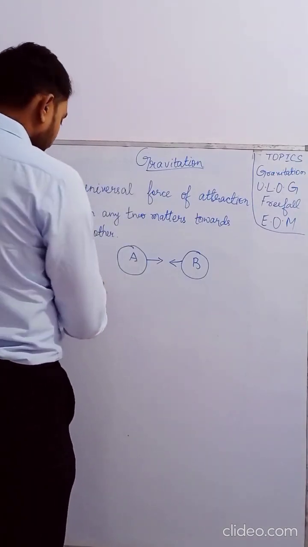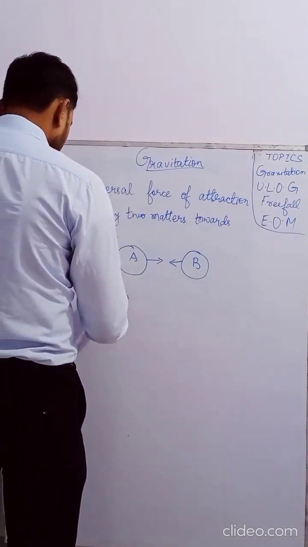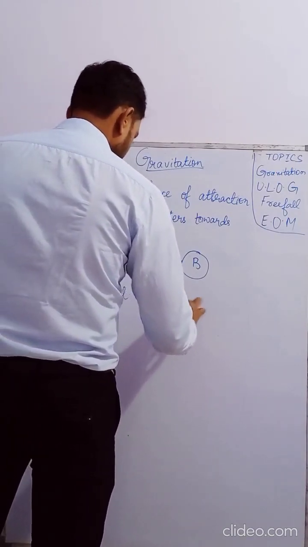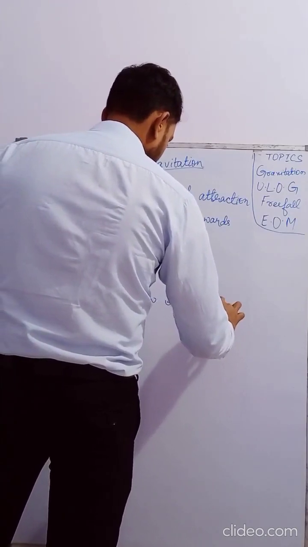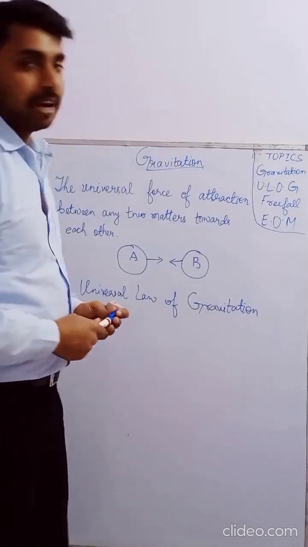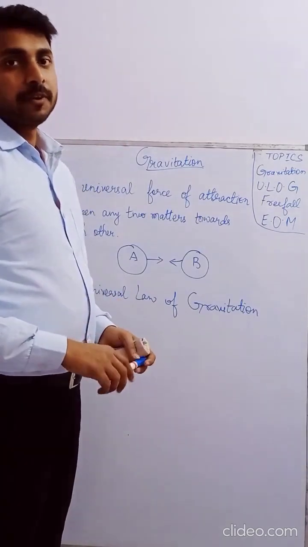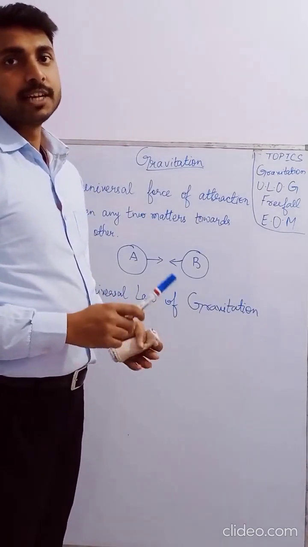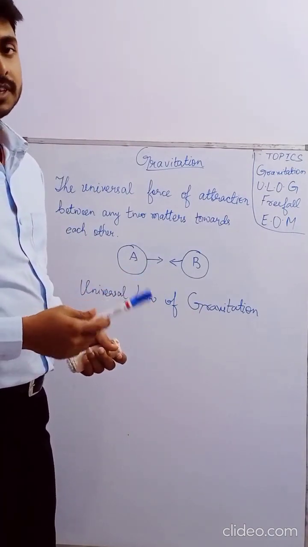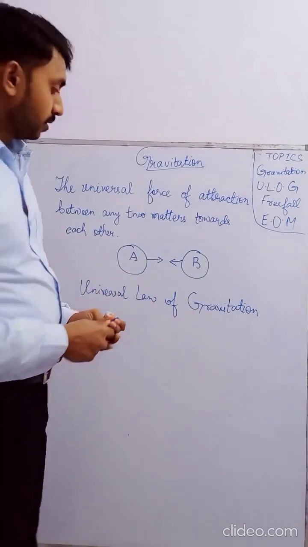So, moving on, the universal law of gravitation. The universal law of gravitation states that the force of attraction between any two objects is directly proportional to the masses and inversely proportional to the square of the distance between their centers.